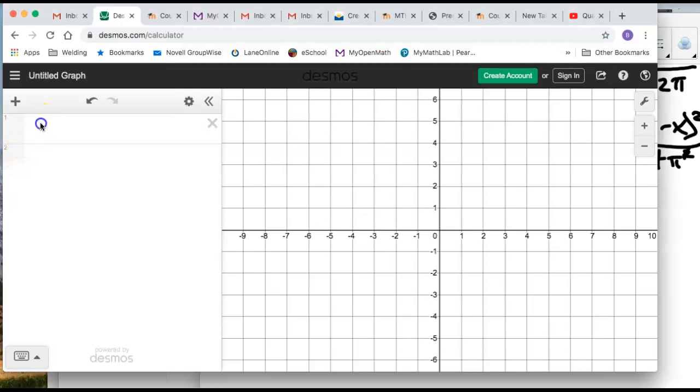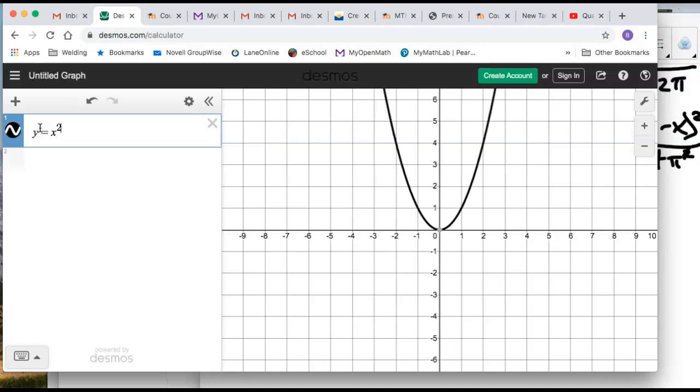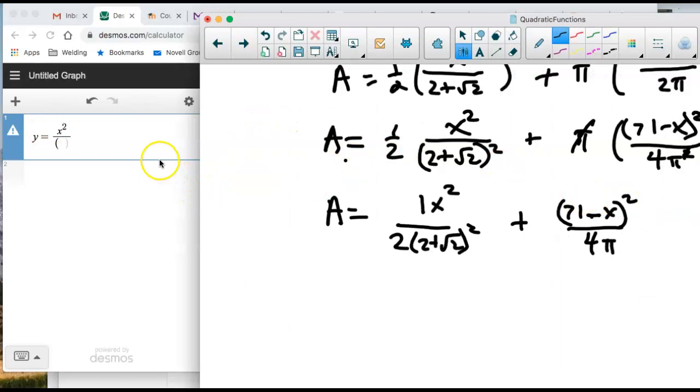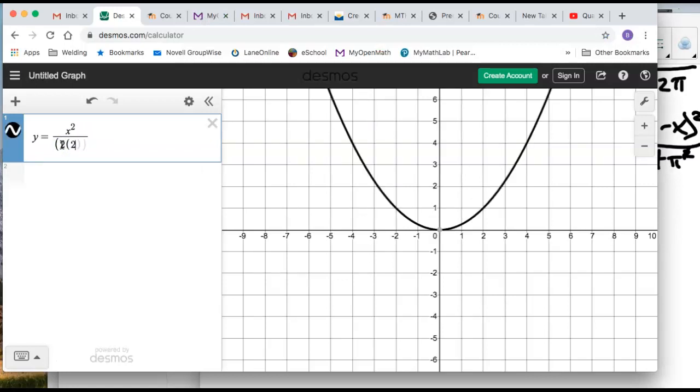So y equals x squared divided by parentheses. We need to put this all in there. What do we got in the bottom? 2 plus the square root of 2 squared.